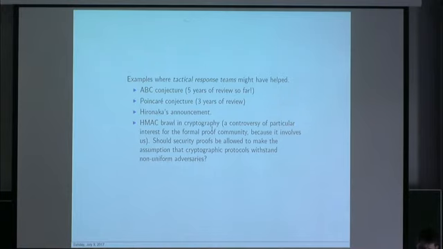Hironaka's announcement of resolution of singularities in positive characteristic, maybe this is more doubtful, but there has been no official statement about that. In cryptography, there are ongoing battles. I mention just one of them, the hash-based message authentication code brawl, that could use some intervention from this community.